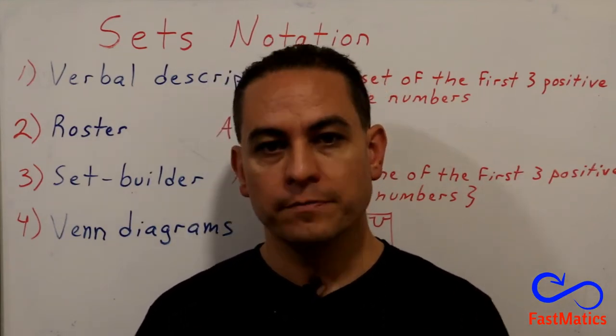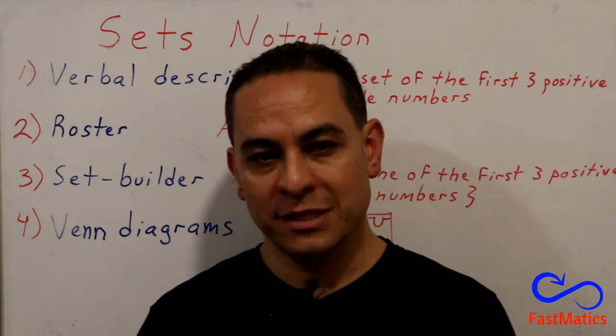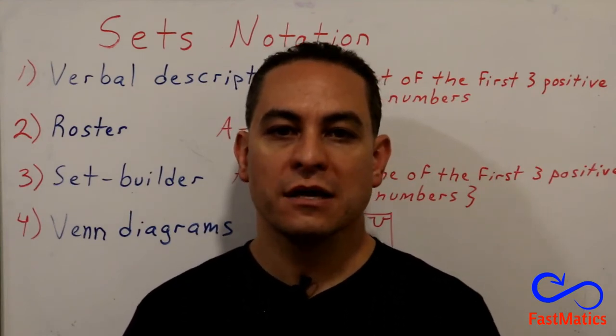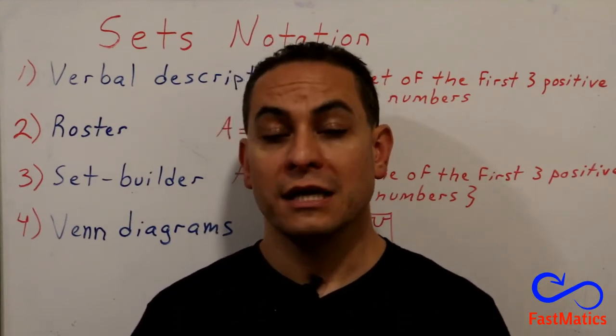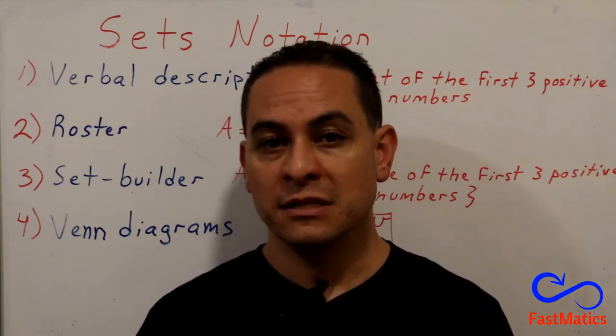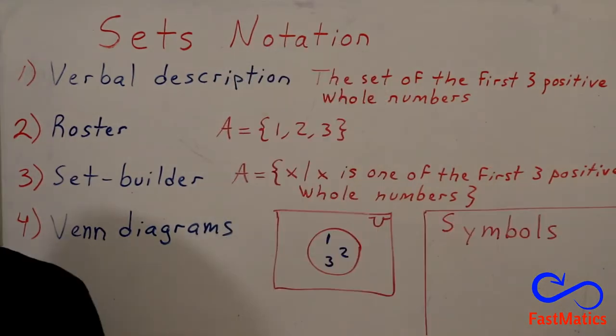So I repeat, a set is a collection of elements that have a common characteristic. So in a set, it is very clear if an element belongs to the set or not.